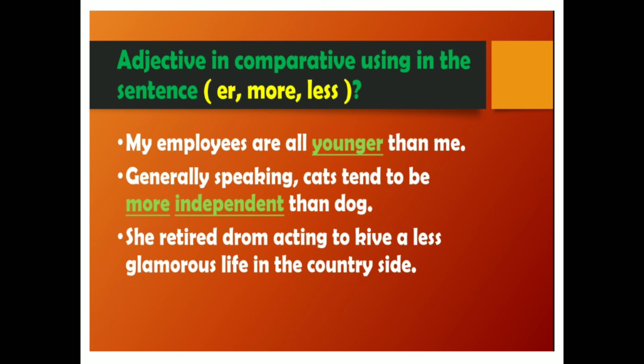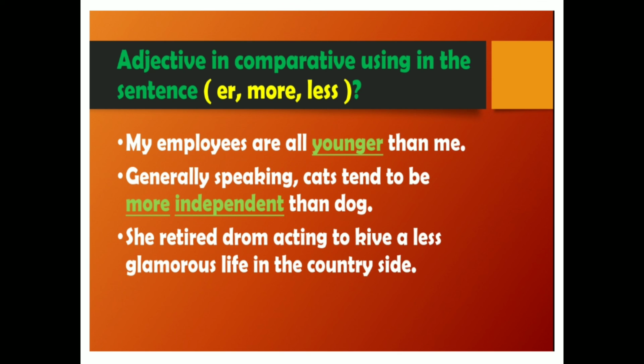So, adjectives in comparative sentences using er, more, and less. As what I said earlier, if one syllable ra ang word, mag-add ta og er at the end. Then if more than two syllables, daghan na gani siya og syllable, magamit ta og more or less.